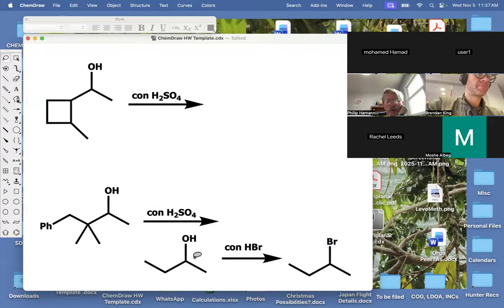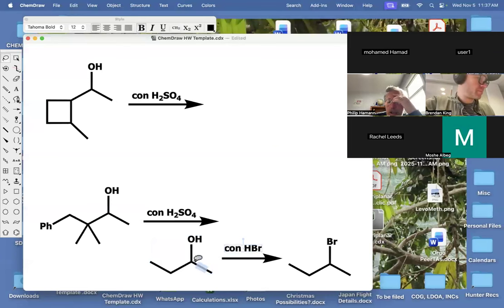You're going to protonate the OH. Water's a great leaving group. You're in a protic solvent. The solvent here is water. Conc. HBr means water. And you're going to get a carbocation, but you're under very strongly acidic conditions here. There's not much base that wants to deprotonate it.